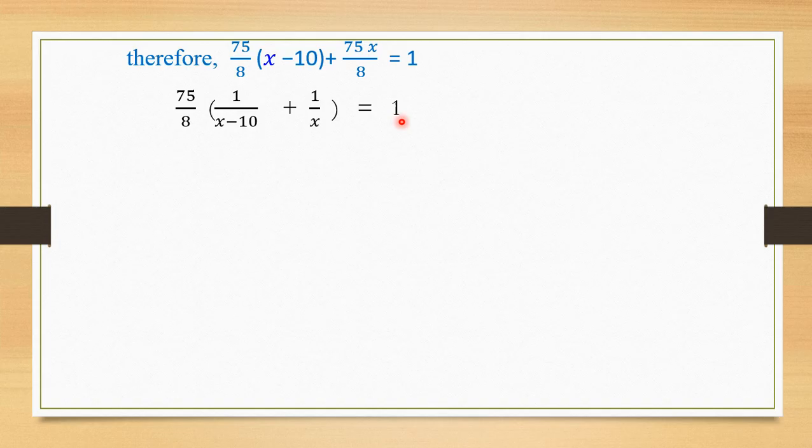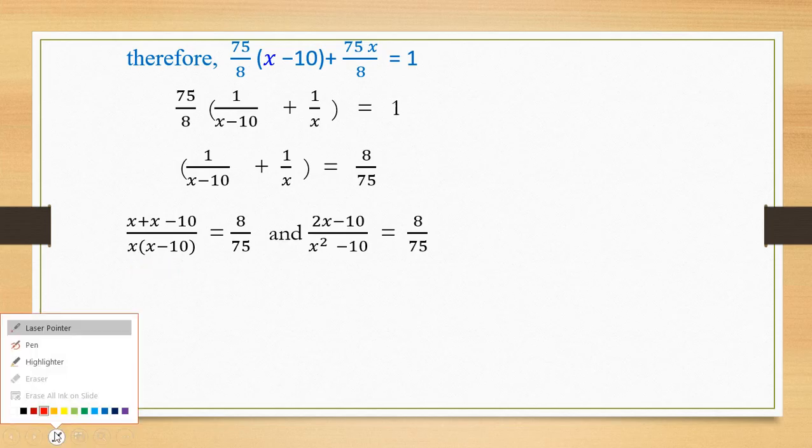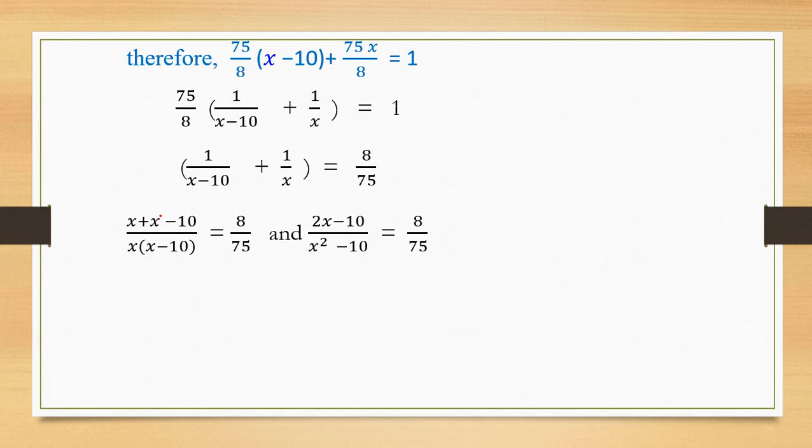We can transpose the 75 by 8 to the right hand side, so it becomes 8 upon 75. Taking the LCM, we get x plus x minus 10 upon x into x minus 10. Here the two x's cancel out, as one is positive and one is negative. No, both are positive, so they will not cancel out.